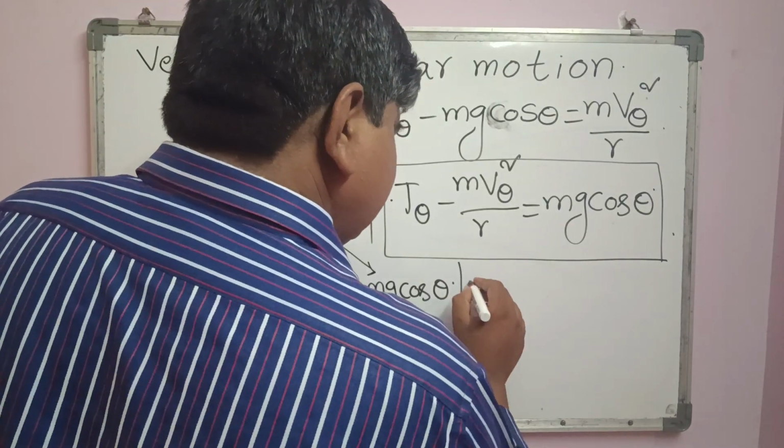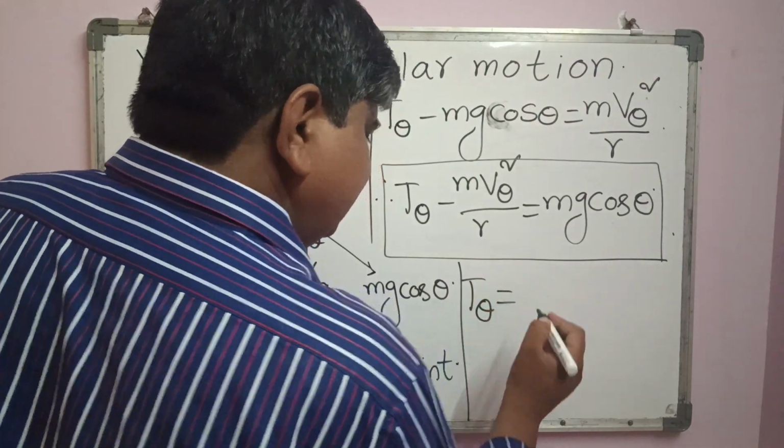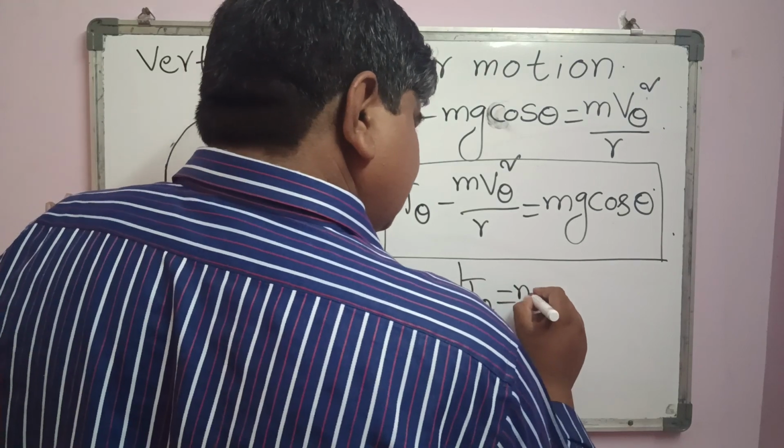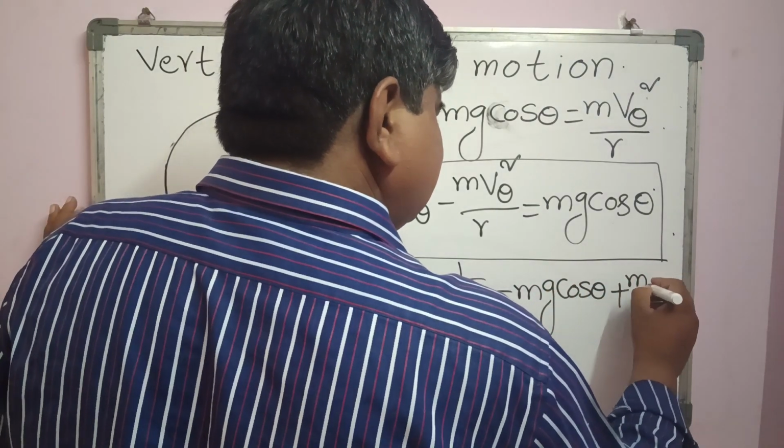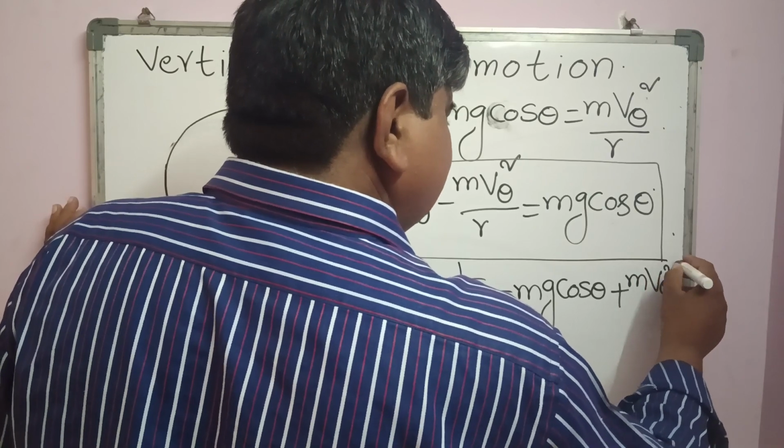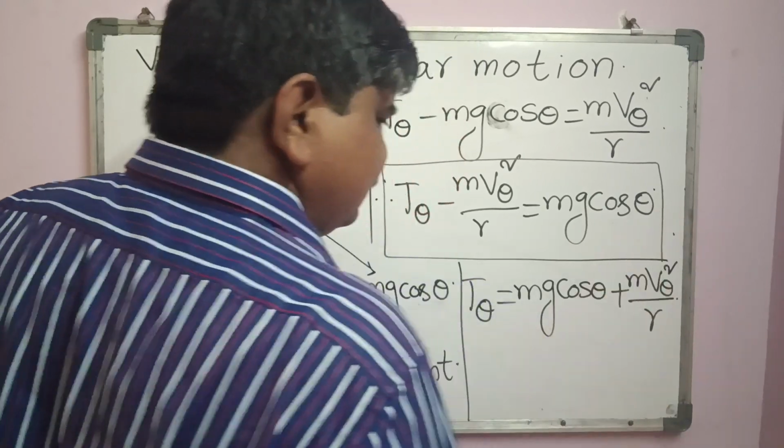From this we can write the tensional force at any point: T theta is equal to mg cos theta plus m v theta square by r.